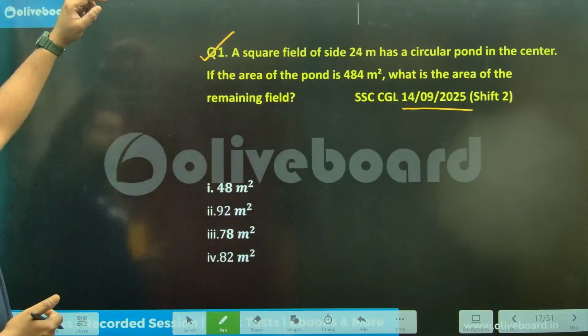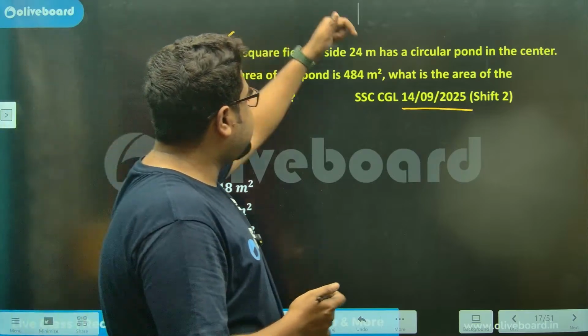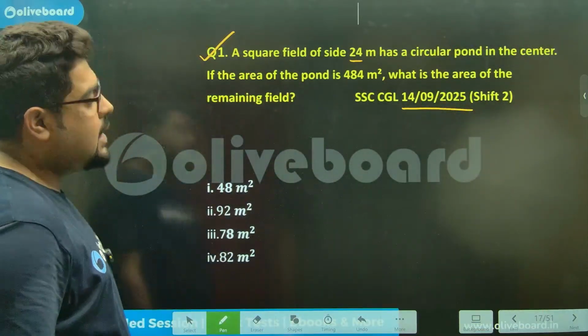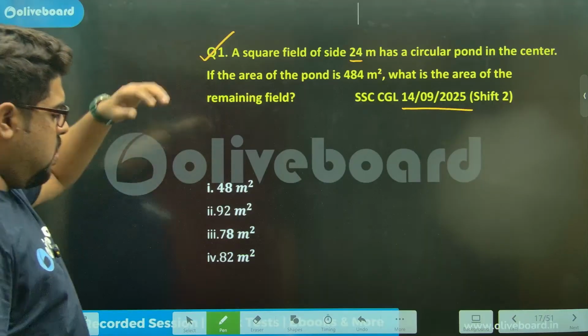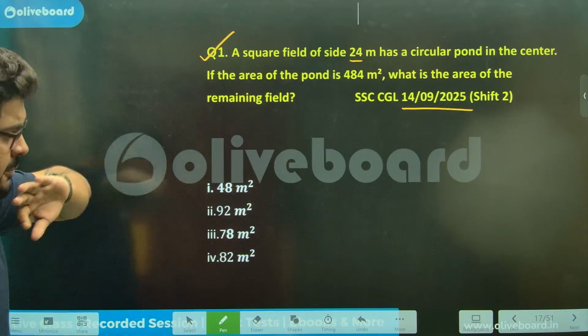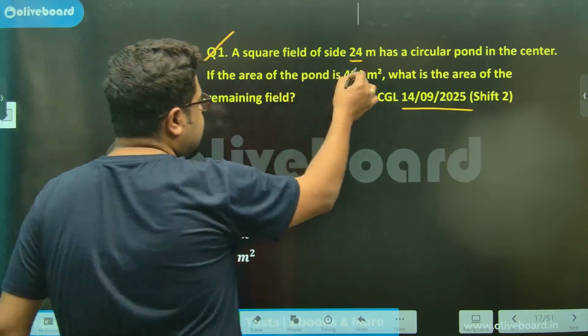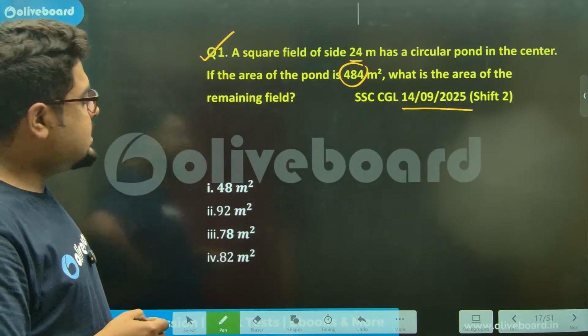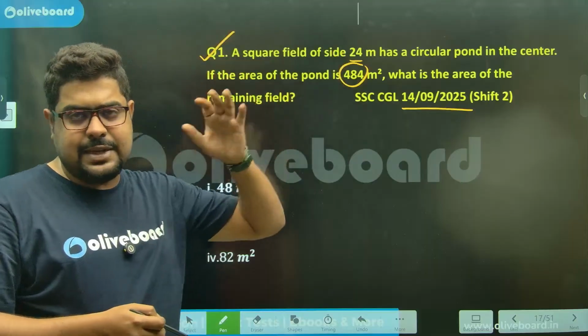Look at this. A square field of side 24 meter has a circular pond in the center. If the area of the pond is given, what is the area of the remaining field? Again, it's a very simple question.